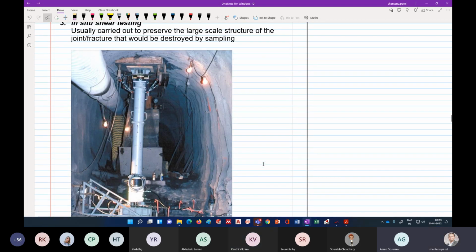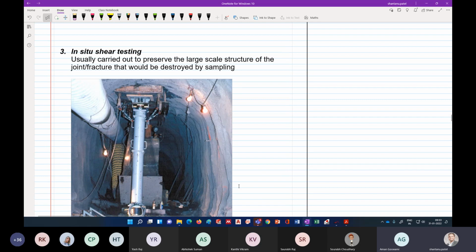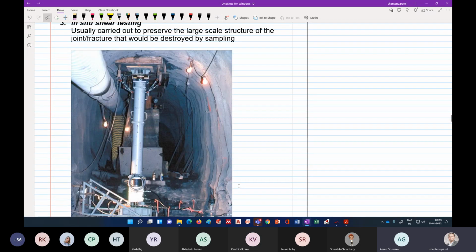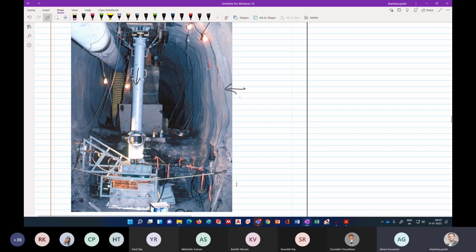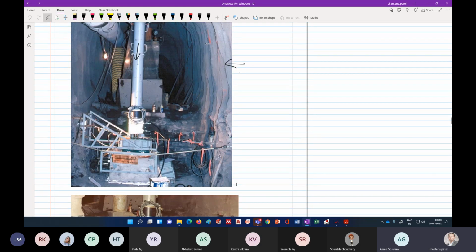And then we also do some in situ shear testing. So we take everything in situ. Let's say this is one of the big dams we are designing. So this is the setup to give you the normal load, and then some sample is here. Can you see this one? This is the sample.